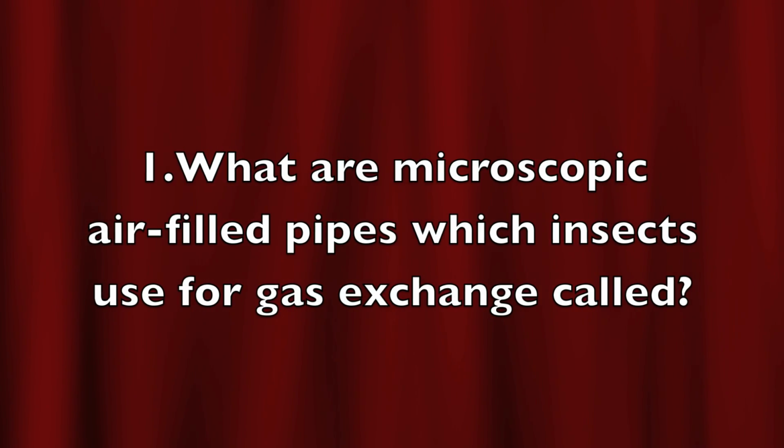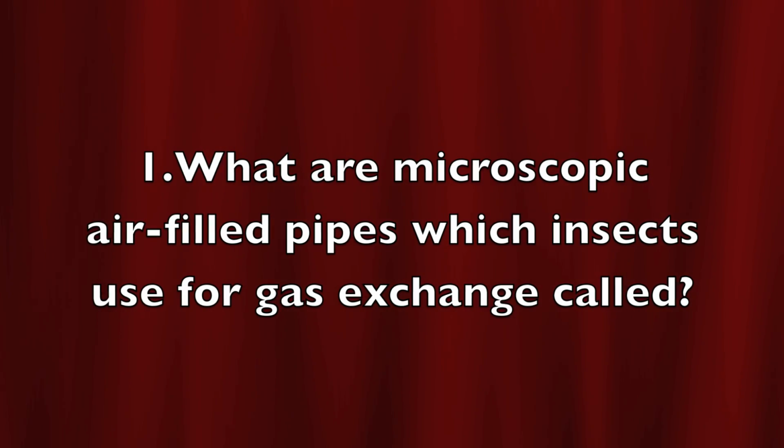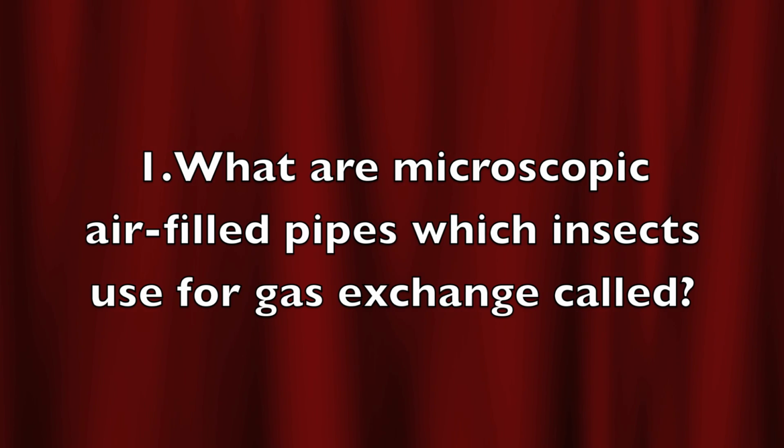We have some exam style questions for you to answer. So grab your pen and paper before we begin. What are microscopic air-filled pipes which insects use for gas exchange?